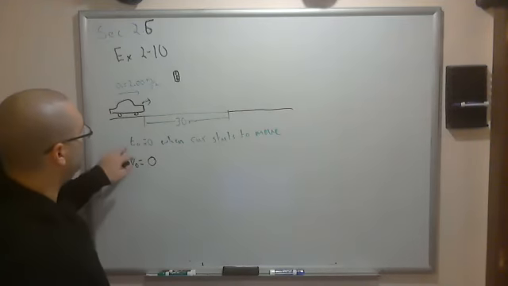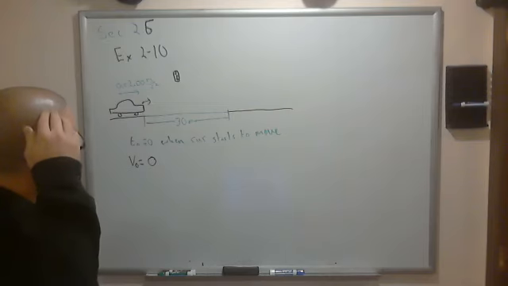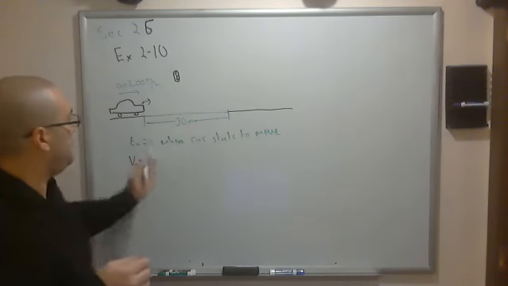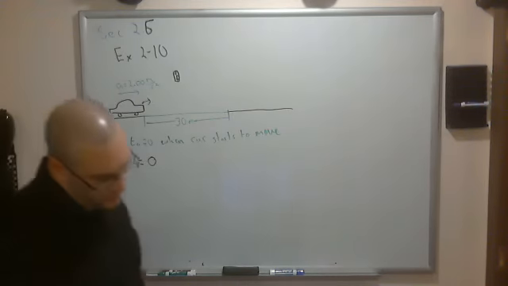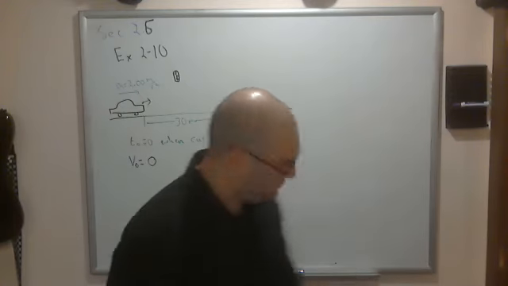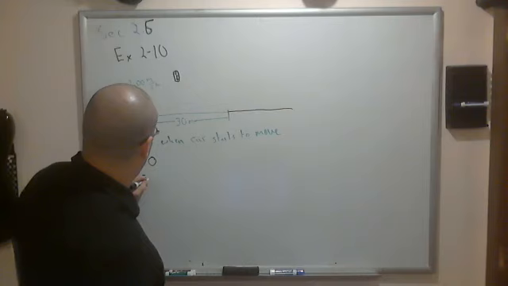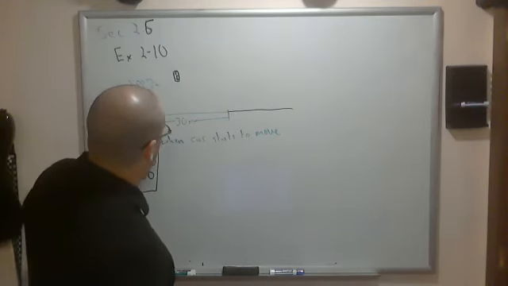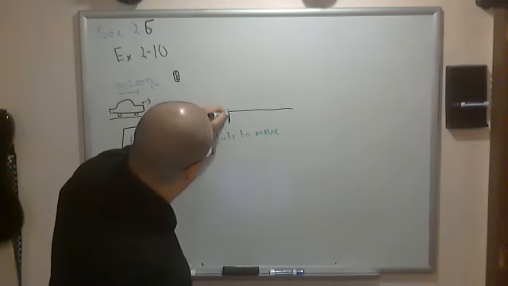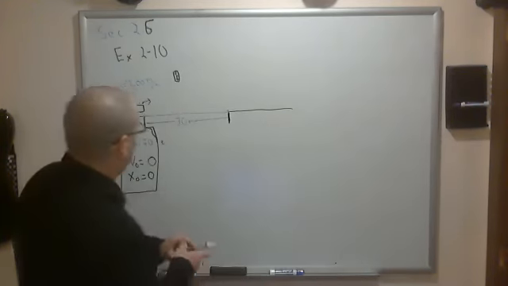So we're given this, right? Anything else that we're given? We're given the distance that we travel. Anything else? And then v naught is 0. So this is over here. And then at this distance over here, let's erase that.